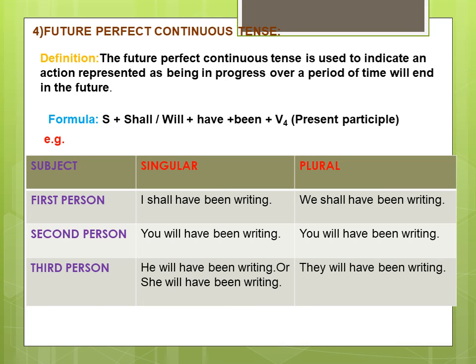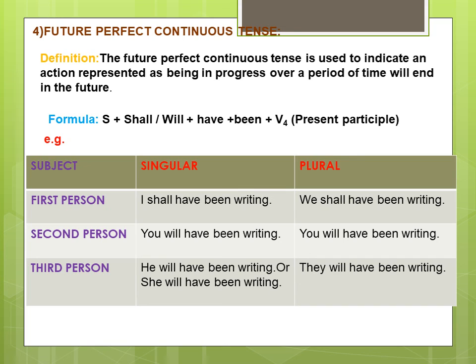Next, plural: you will have been writing. Here you is the subject, and as per our formula we write you will have been, and then we write writing, the present participle form of the verb. Next, in the subject column, last, third person, singular column: he will have been writing or she will have been writing.